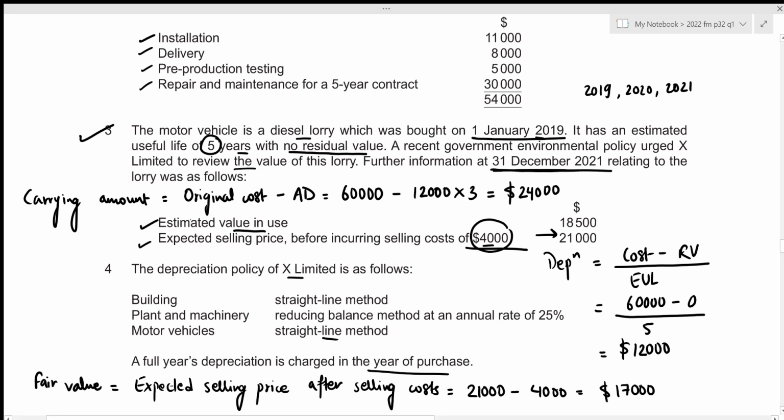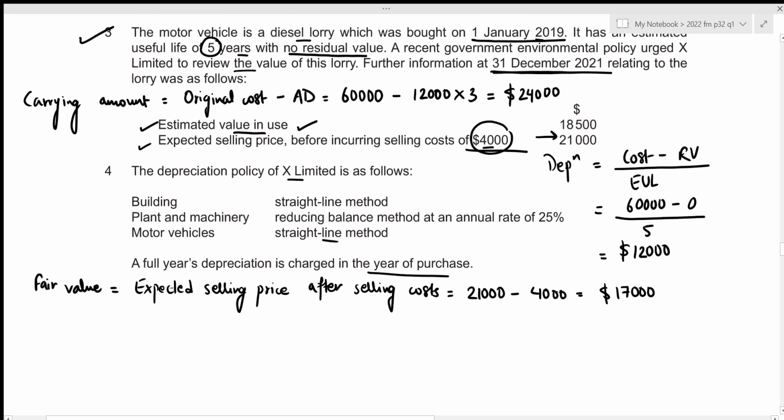Then we are already given the information regarding estimated value in use, right? Let's write it down. So the value in use is just going to be 18,500. Then we need to compare our fair value and value in use in order to figure out the recoverable amount. And recoverable amount is just going to be higher of the fair value and value in use.